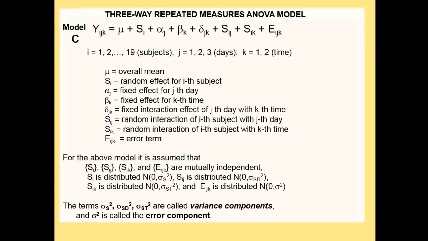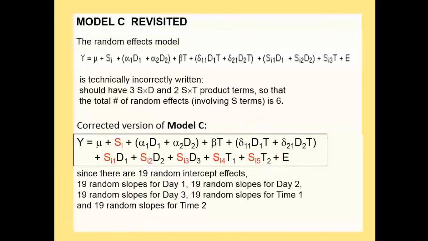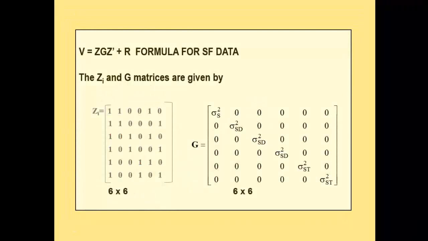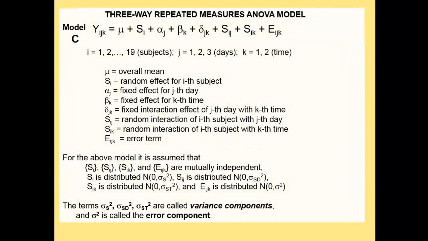Anyhow, there's another way you can write the model, as an ANOVA model that you might have learned when you took the course from Bob Lyles. You talk about the ith subject, the jth day and the kth time on the ith subject, and you write the model as effects.